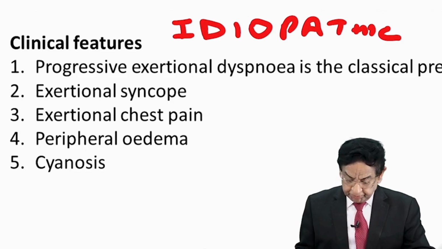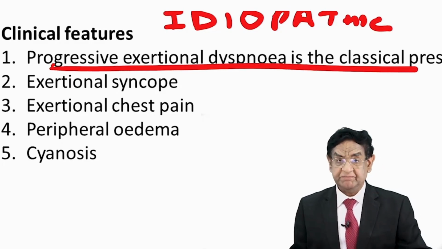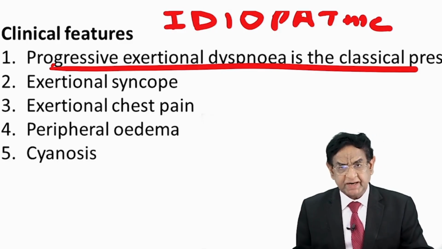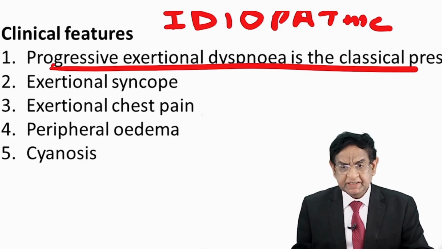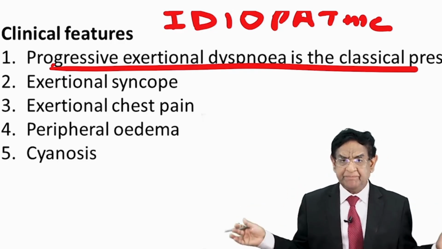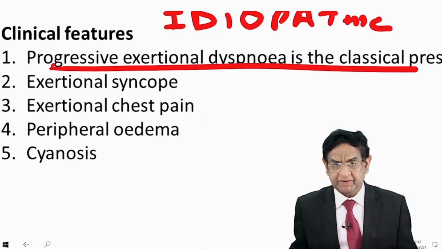Progressive exertional dyspnea is the classical presentation. A young lady of 30-35 years coming to you with exertional dyspnea is the most important presentation. But this can happen in many other conditions also. But we have certain distinguishing features by which we can think about it, which I am going to discuss soon.